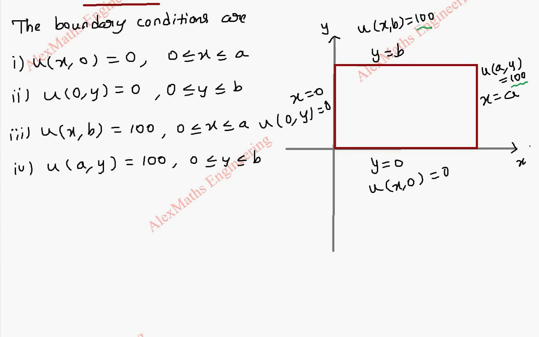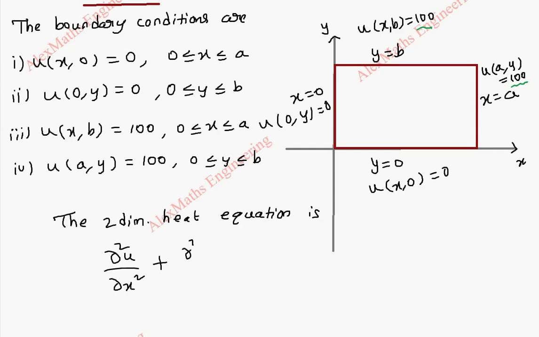Now the two-dimensional heat equation is del square u by del x square plus del square u by del y square equal to 0.